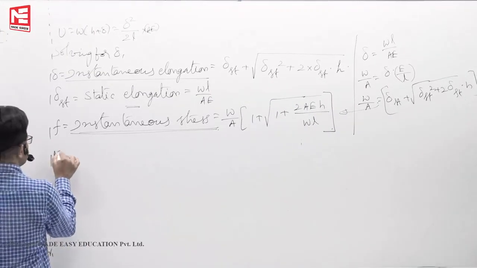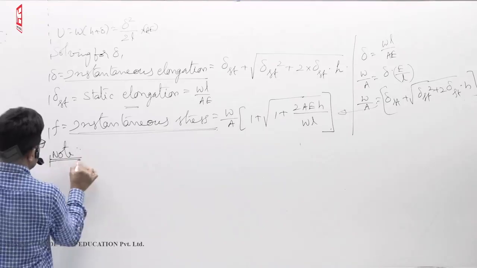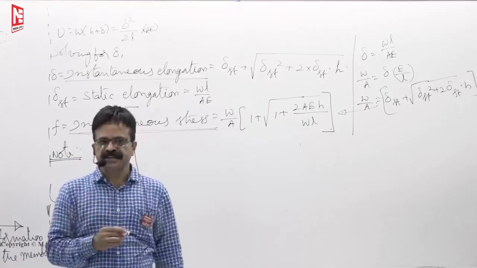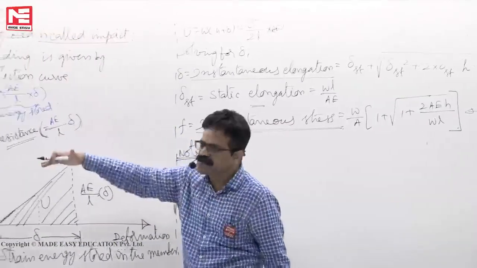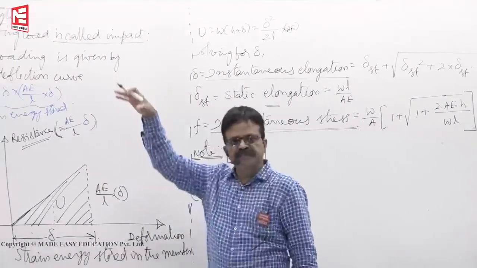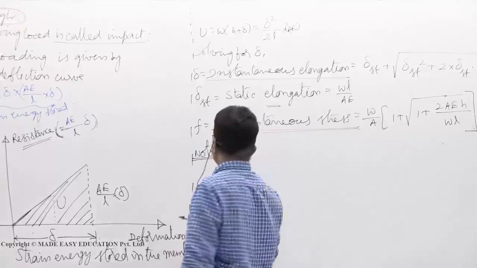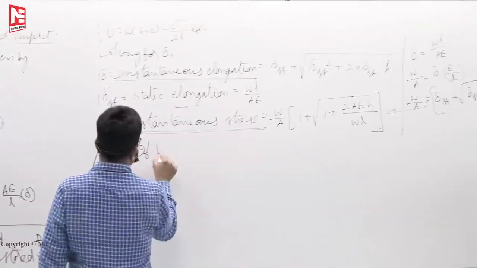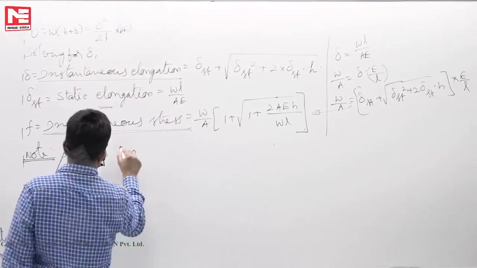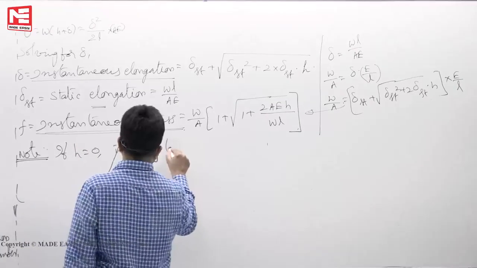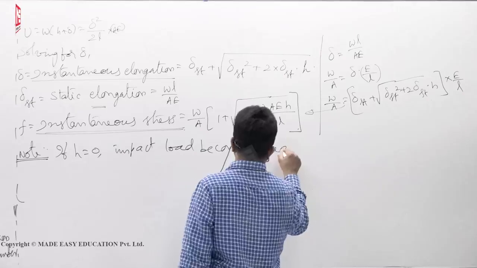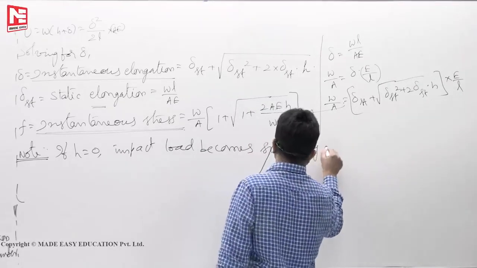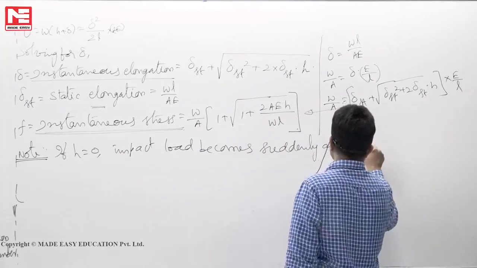In case the height of drop becomes 0, that means H becomes 0, then your impact load becomes a suddenly applied load. If H is equal to 0, impact load becomes suddenly applied load.